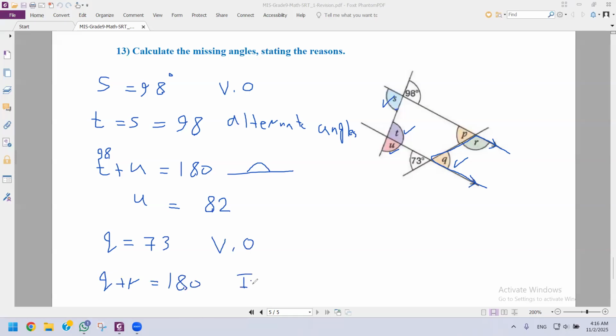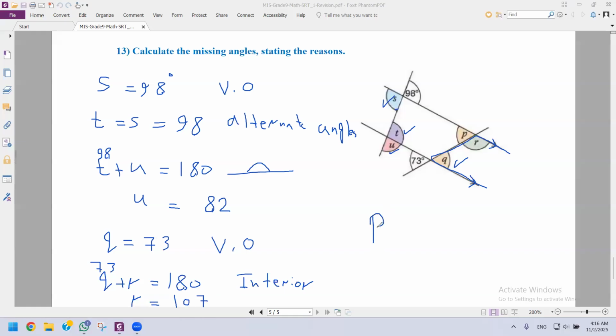Why? Interior angles. I already know Q, which is 73. So 180 minus 73 is 107.